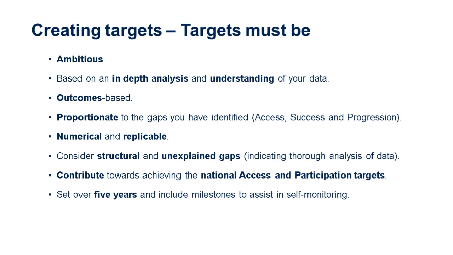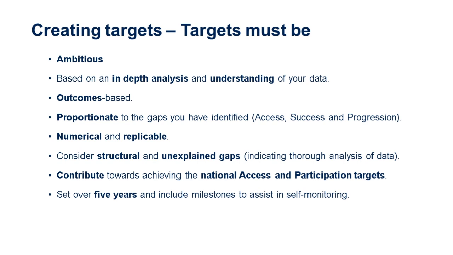Your target should consider structural and unexplained gaps, which would also be an indication to us of your thorough analysis of the data. And the structural and unexplained gaps, as I explained earlier, can be explored by looking at the different basic factors affecting our different populations, such as entry qualifications, subject of study.